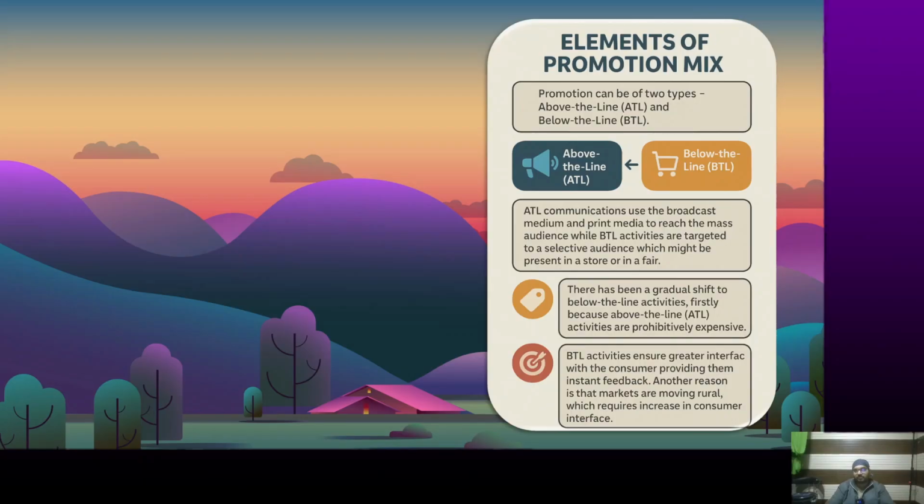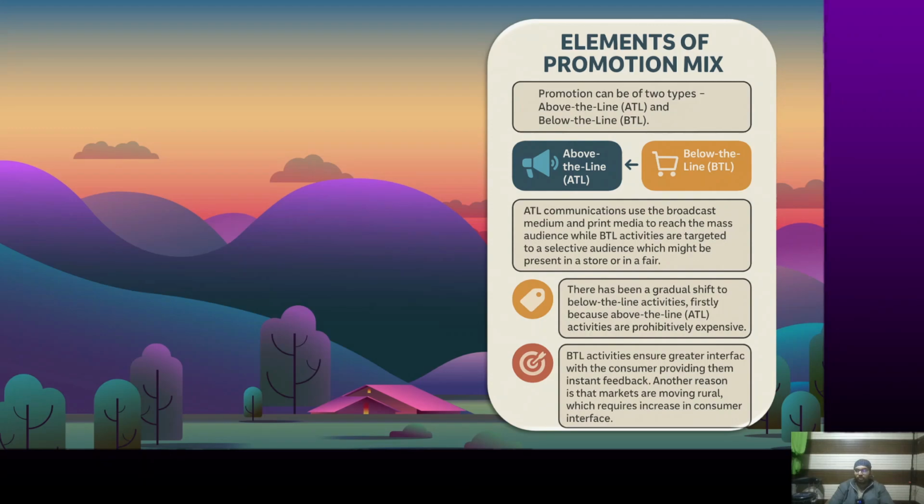mass audience. But when we talk about below the line promotional mix, basically we are talking about when you target a very specific segment of your customers. That is, you employ a very targeted approach to promote your product. So, ATL and BTL are the core categories of a promotional mix.